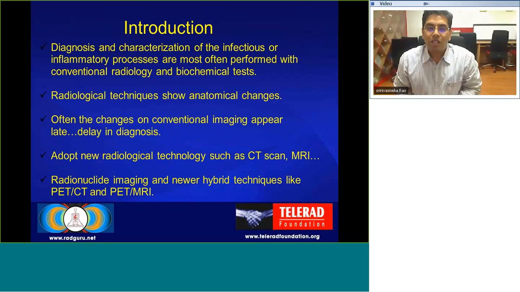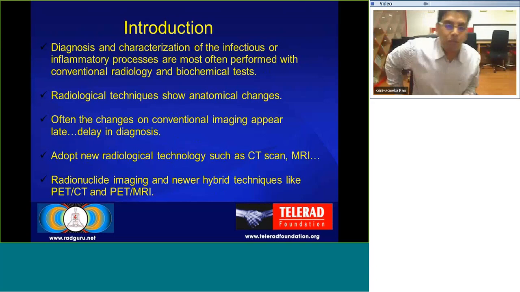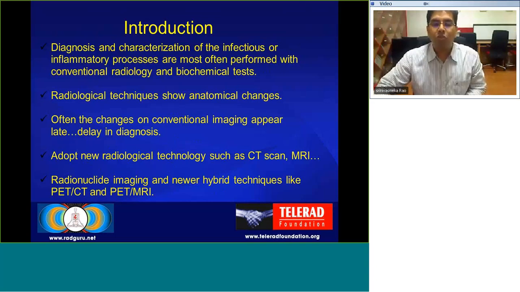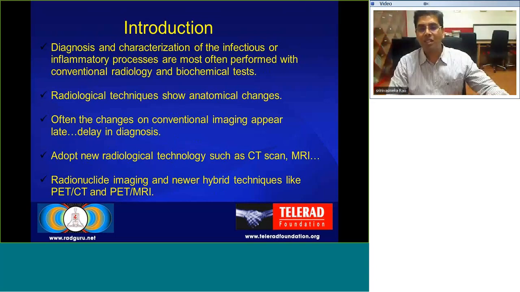You also have to notice that with conventional imaging, the changes that appear are slightly delayed. In the chest, I think we can pick up the findings fairly early on conventional imaging, for example in pneumonia.